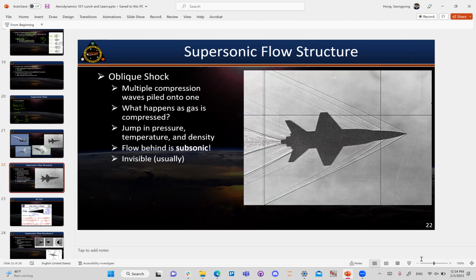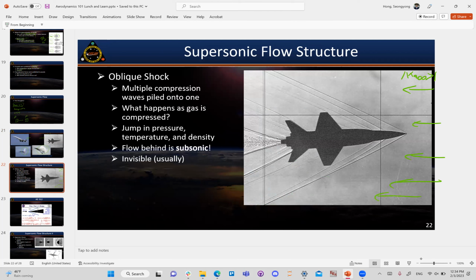Okay, so supersonic flow structure. This aircraft, or model aircraft, is in supersonic flow right now. Mach number is greater than 1. And you do see a shock wave.